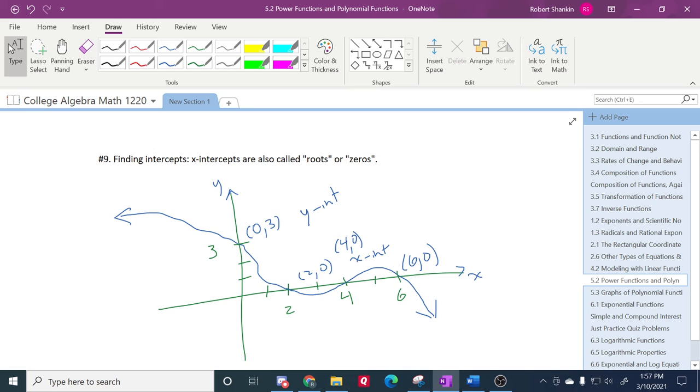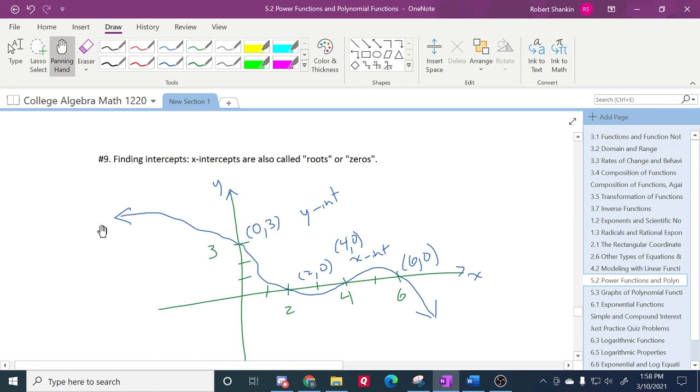When you're at a y-intercept, your x-coordinate, opposite letter, is 0. 0 over 3 up. When you're an x-intercept, your opposite letter, the y-coordinate, is 0. 2 zeros over here, 4 0, 6 0 over here.